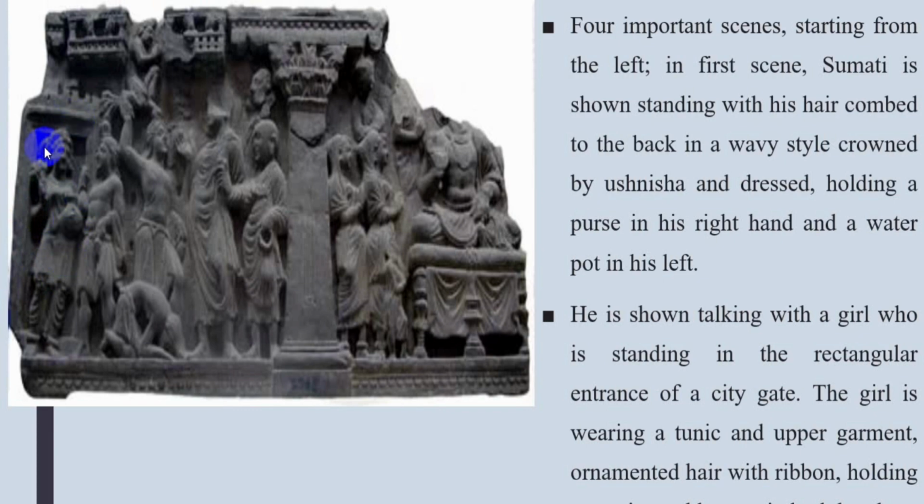And the girl is wearing a tunic and upper garment and ornamented hair with ribbon, and holding a water jar under her left arm, and lotuses in another hand, or perhaps in both hands. She holds lotuses and a water pot under her left arm.